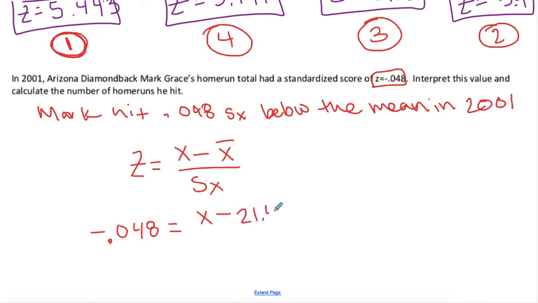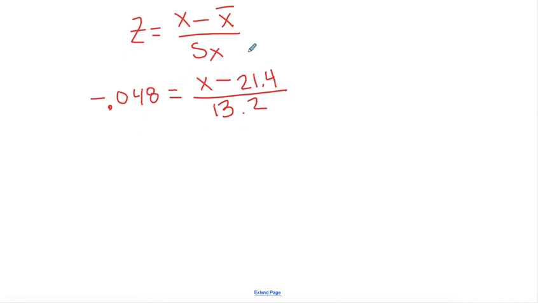That's the same average that Barry Bonds had, so 21.4, and the same standard deviation here. And so we're going to go ahead and solve using our algebra skills, getting x by itself. Okay, so I would multiply both sides by 13.2 and then add the 21.4 over. So when I calculate this, he had 21 home runs.